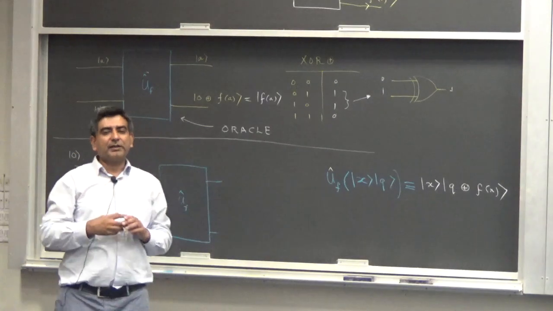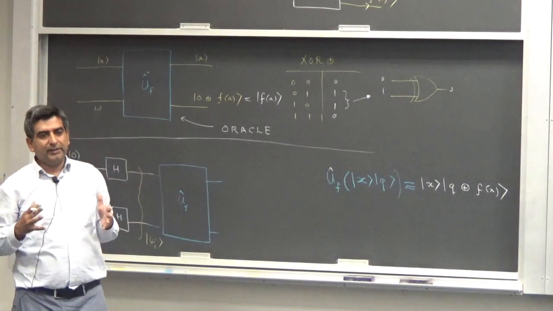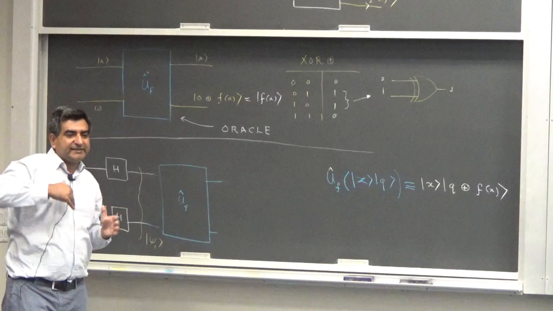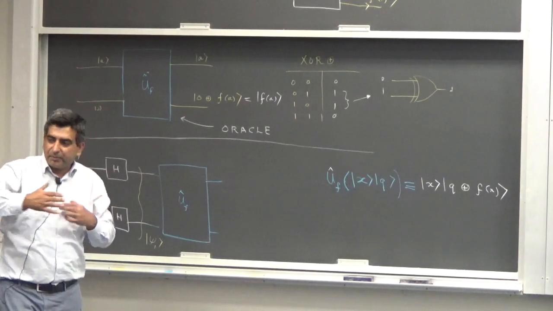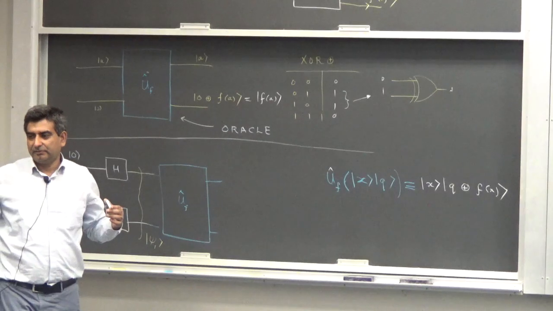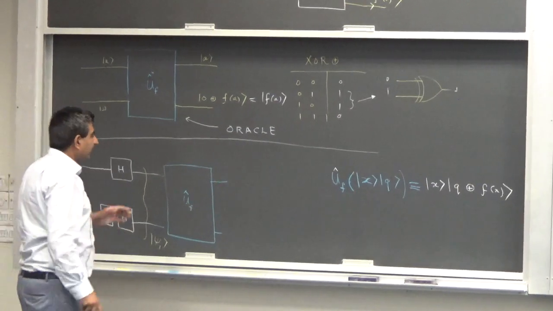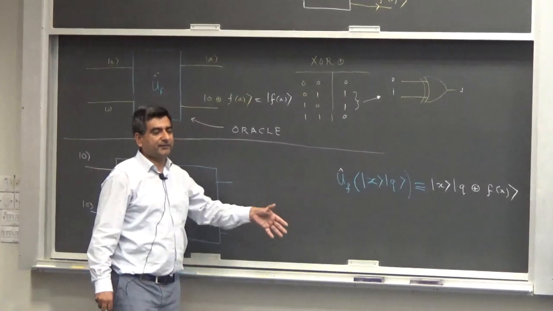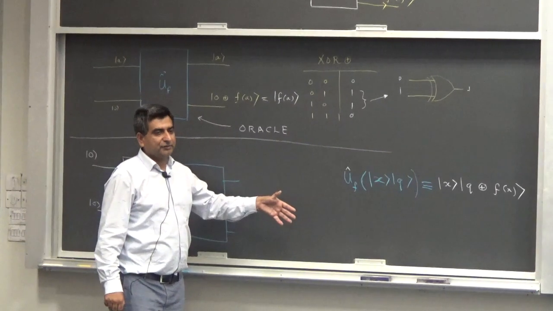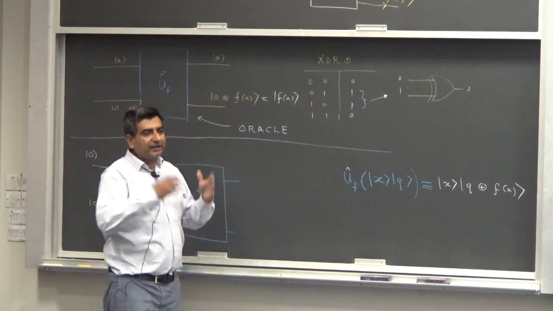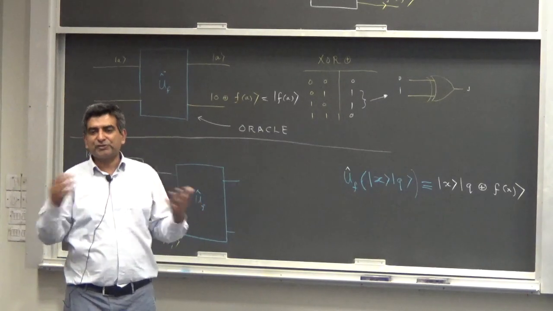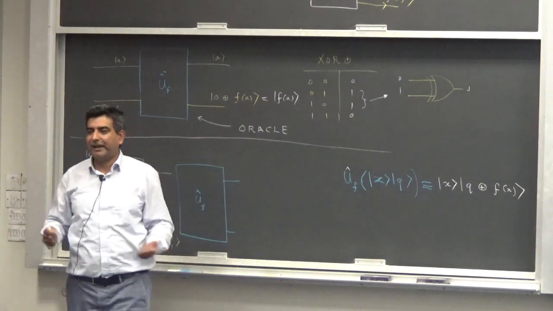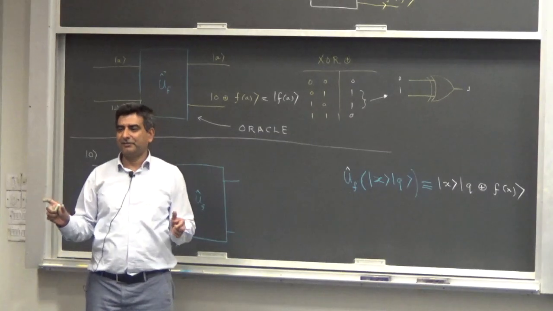A quantum oracle is a tool that helps you distinguish one solution from many possibilities. So it can tell you what the function is. And it can light up when you get a desired result. Suppose you're searching for a particular string.